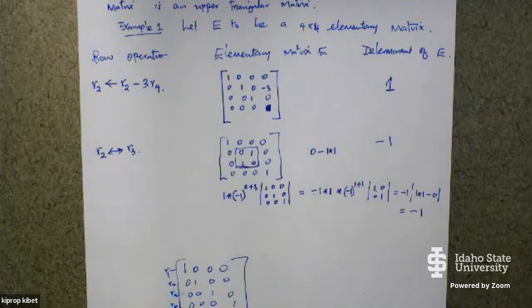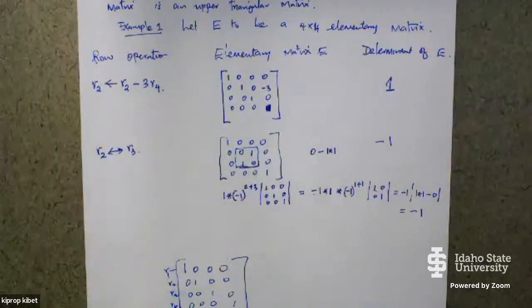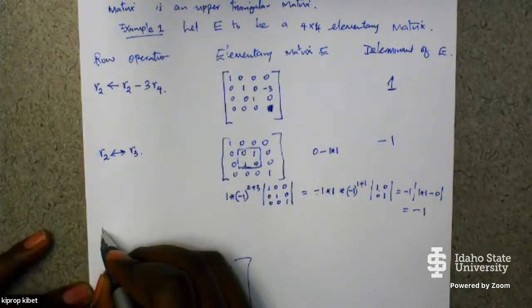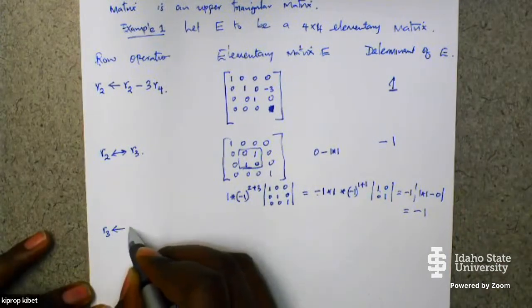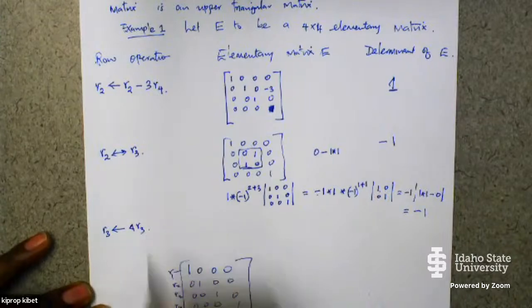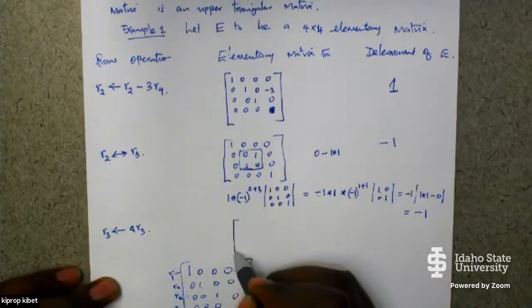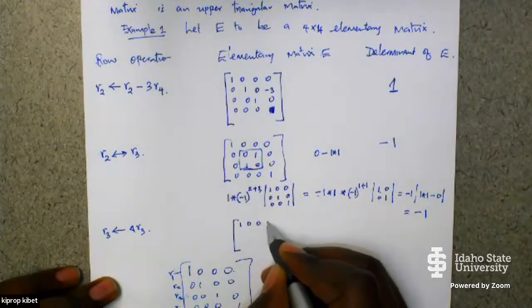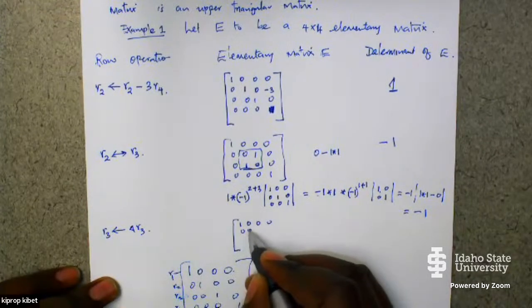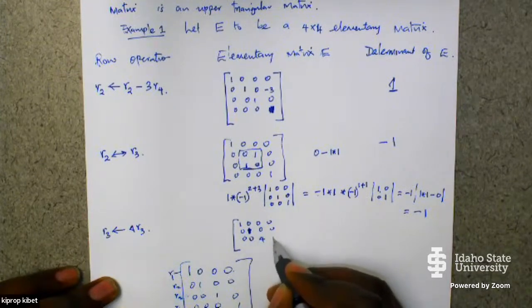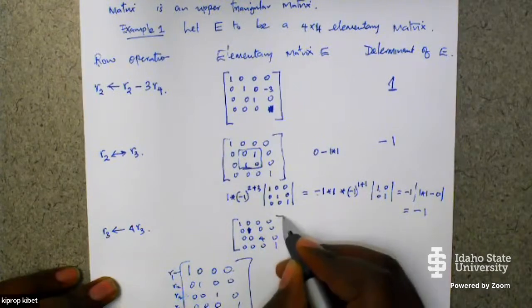Okay. Now, when you switch, you get a what? Determinant is a negative. Now, if we multiply by a constant, let's say R3, we multiply by, let's say 4R3. If we multiply to get the new R3 here by 4, then our elementary matrix will be 1, 0, 0, 0, 0, 1, 0, 0, 0, 0, 4, 0, 0, 0, 0, and 1.